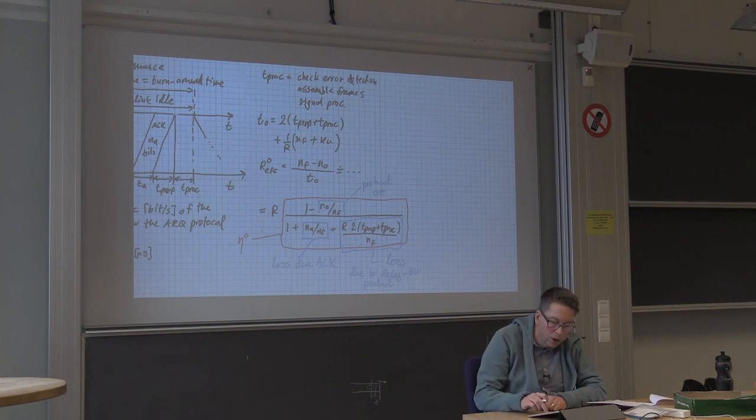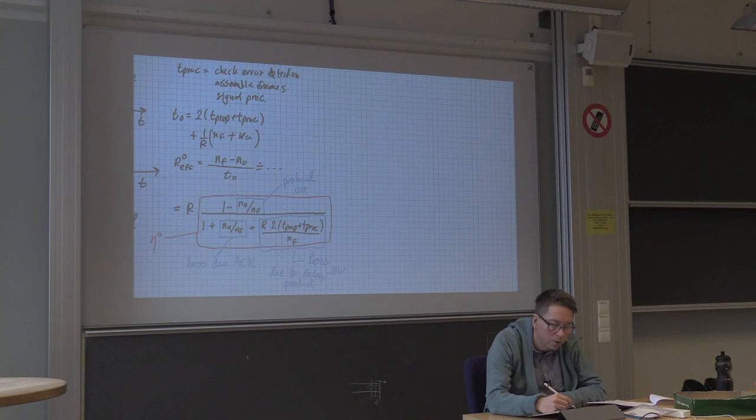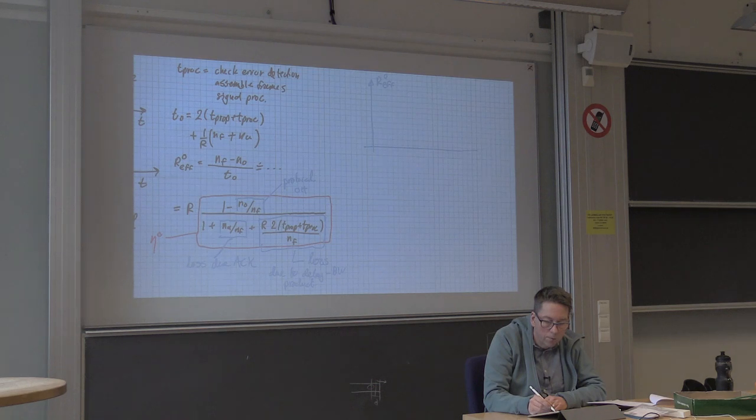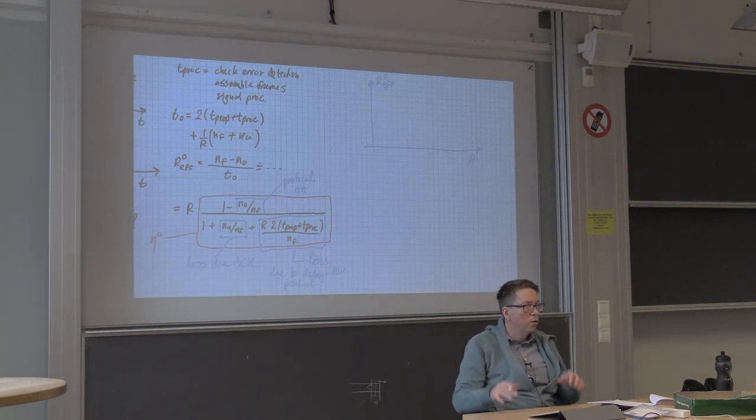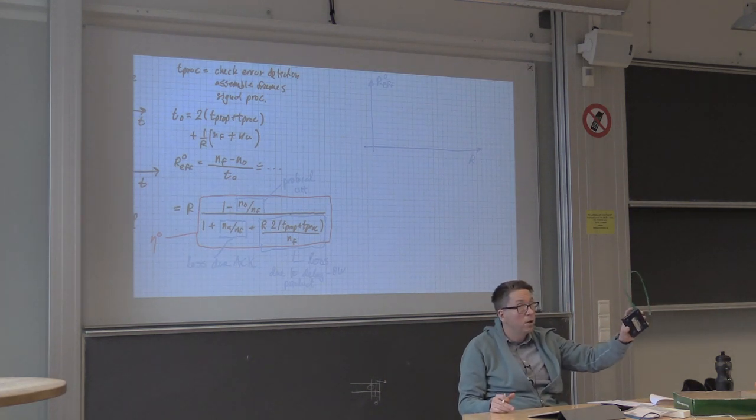If we would visually look at what's going on, so this is not very scientific, but if we would plot the effective rate as a function of the rate of the layer below us. Okay, so we buy a more expensive Ethernet and we run our ARQ protocol over that.